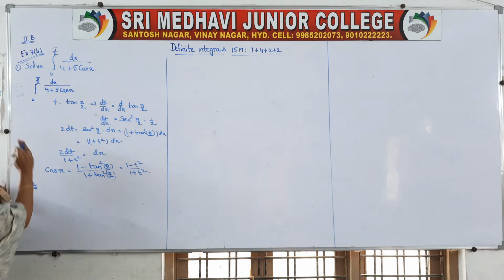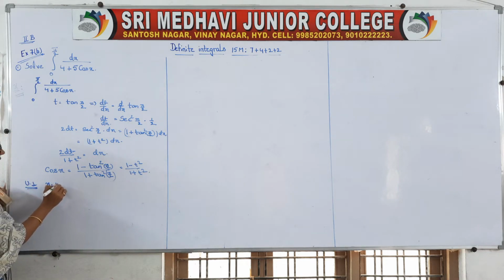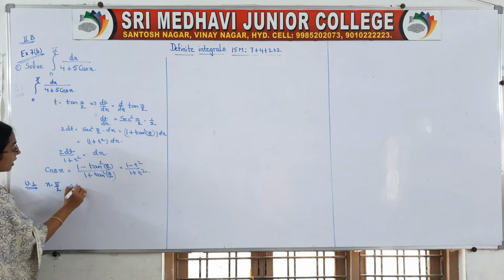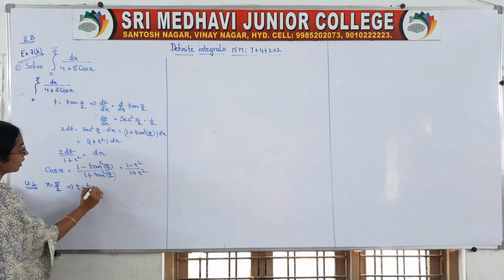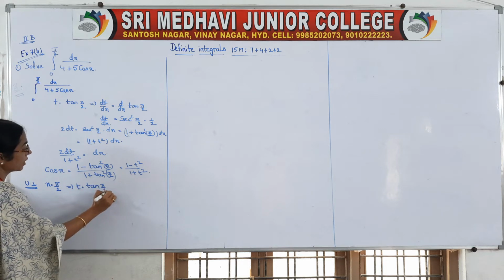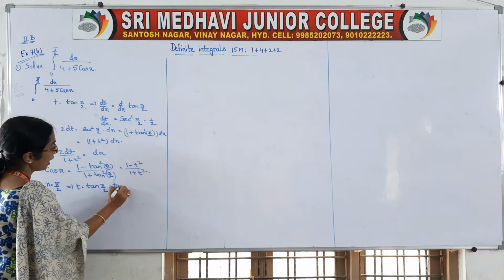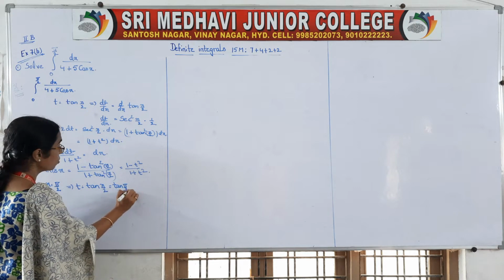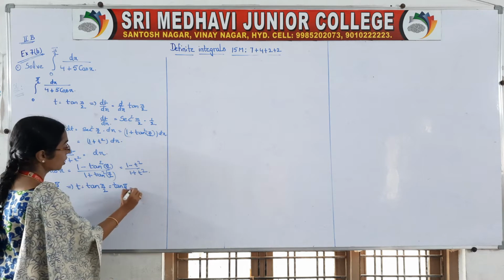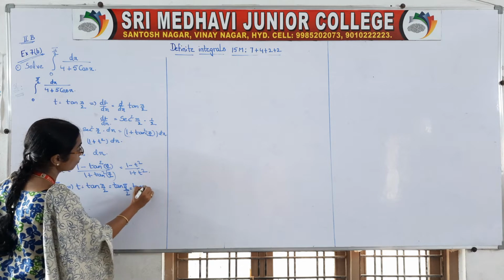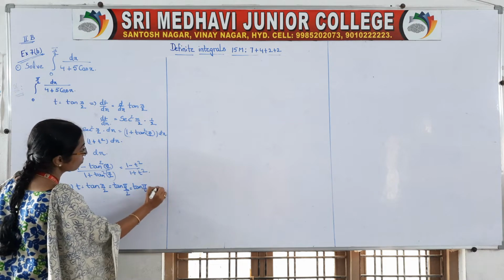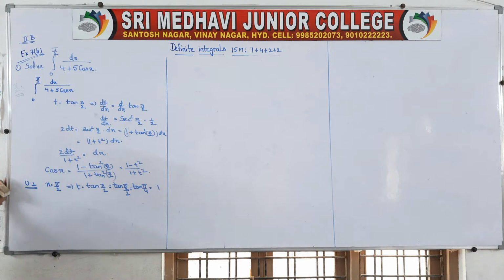First the upper limit: x is equal to pi by 2. Then t is equal to tan of x by 2, which is tan of pi by 2 by 2, so tan of pi by 4, which is tan 45, which is 1.